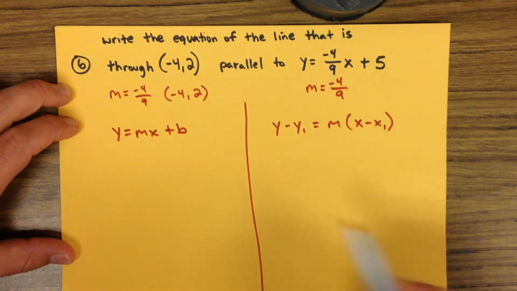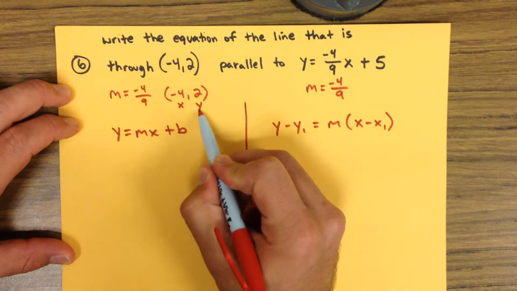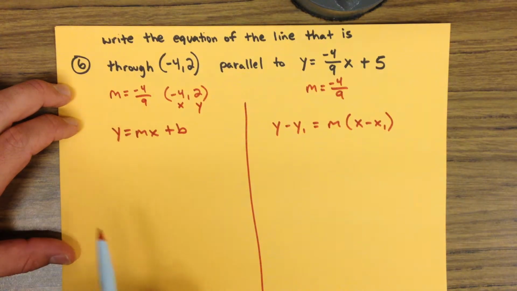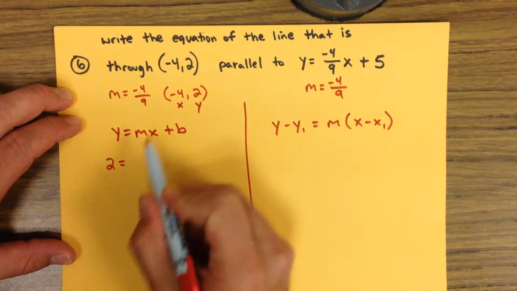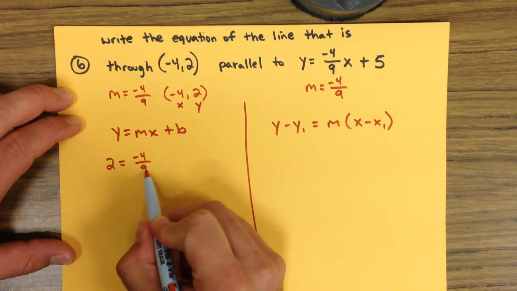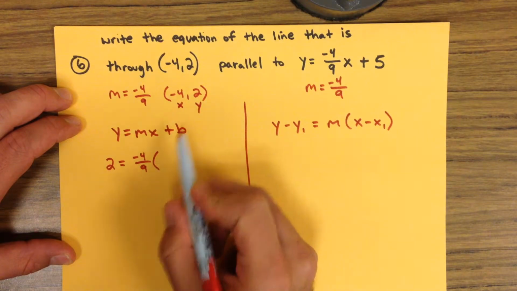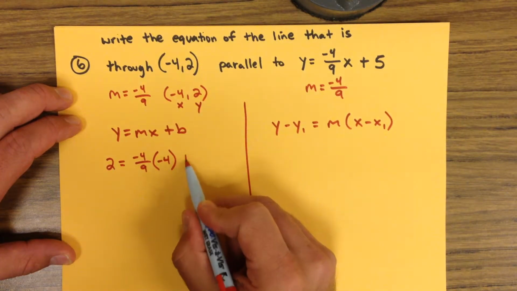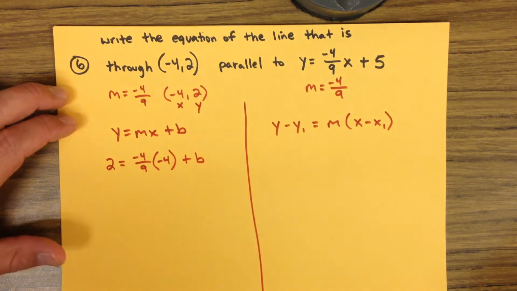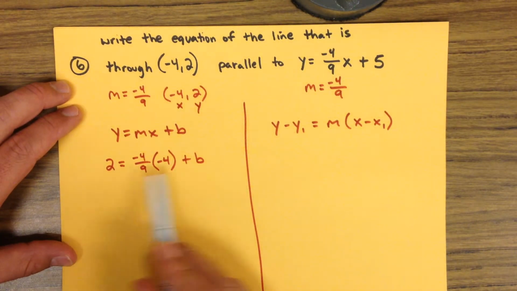Either way, I know that this is going to be my x, this is going to be my y, and I know that that has to be my slope because I want a parallel line. So y equals 2, slope is -4/9, x is -4, and I don't know my b. So I'm going to continue with this one over here.